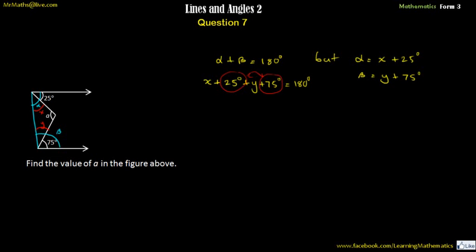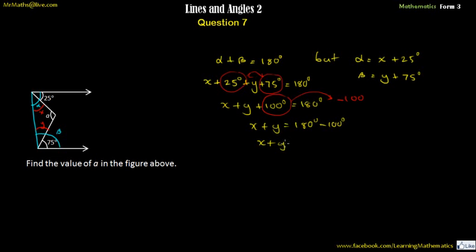We just leave x plus y over here. 25 plus 75 is equal to 100 degrees, equal to 180 degrees. Let's move 100 degrees over to the left, it becomes minus 100. So x plus y is equal to 180 minus 100 degrees, that is equal to 80 degrees. Okay, now remember this triangle, let me draw in green.